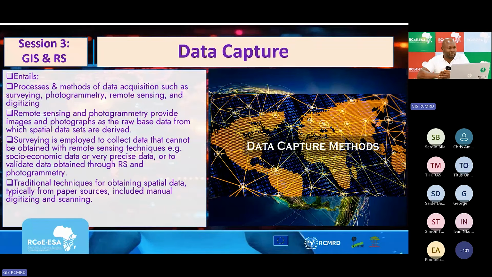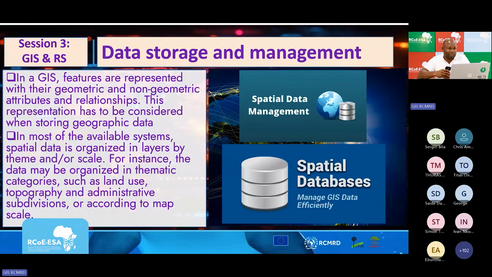You can easily revert to the traditional methods of data capture using pen and paper. Collect the coordinates, collect the descriptions, collect different parameters, which you can manually feed into the system or digitize into the system.